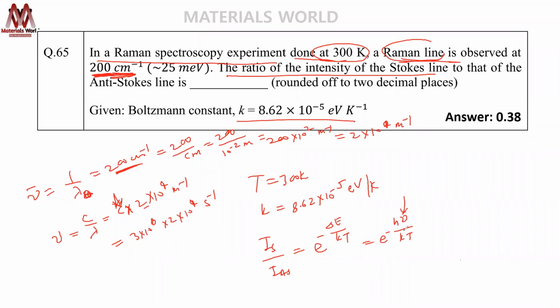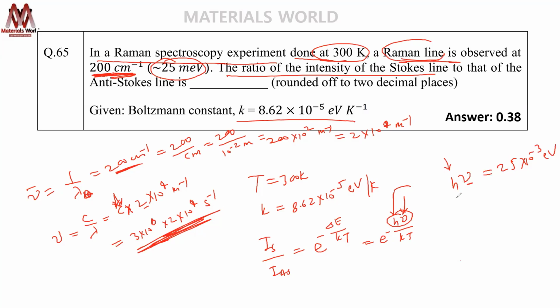You put it here. Again, you need to know the value of h. If you put this nu and the value of h in electron volt, you will get this much only, about 25 milli electron volt, 10 power minus 3 electron volt.